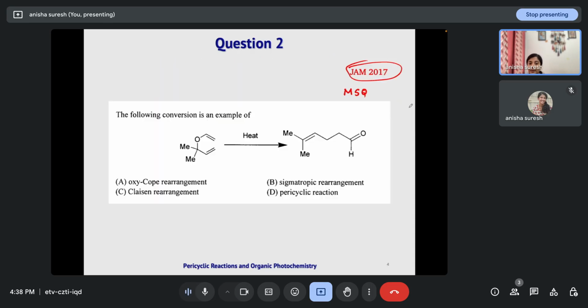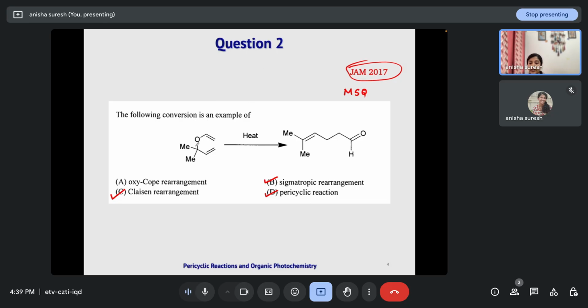So when we come back to the options, it is an example of sigmatropic rearrangement, that is right. It is an example of Claisen rearrangement, that is also right. And it is an example of pericyclic reaction, that is also right. In the oxy-Cope rearrangement, the oxygen will be coming outside the system.